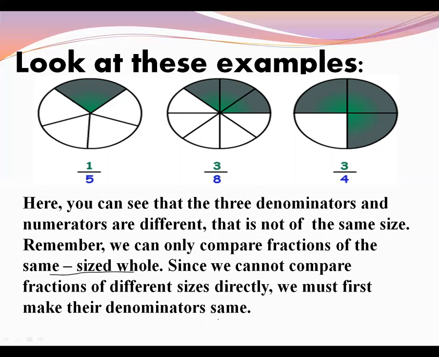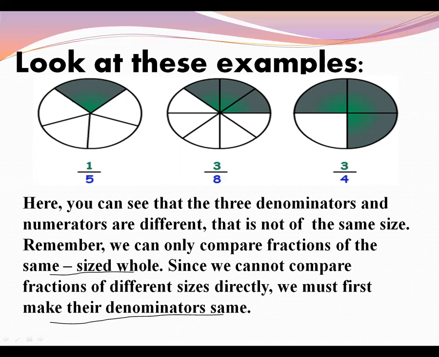It means that for comparison, for arranging them into ascending or descending order, for finding out the greater and lesser, or for addition and subtraction, first we have to make their denominators the same. This is the most important line over here, my children.